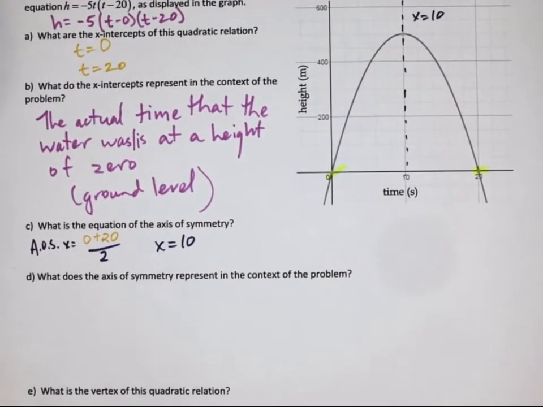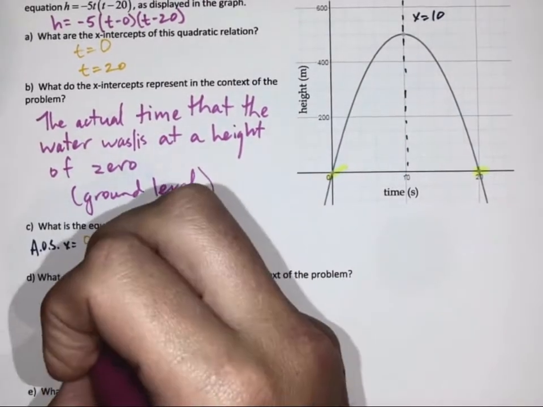Now, what does that axis of symmetry actually mean in the context of the problem? It means two things, really.